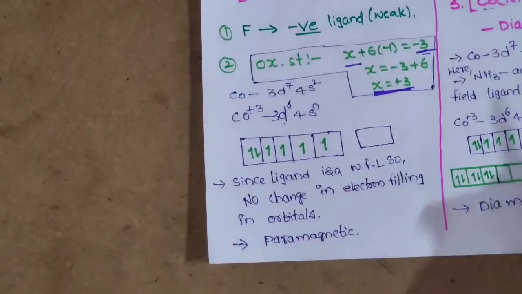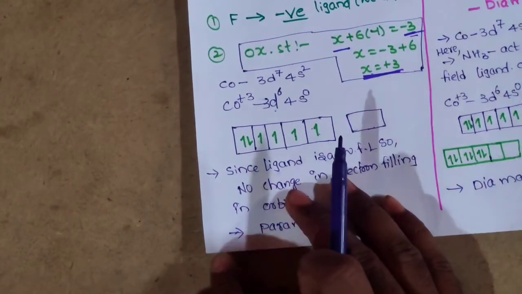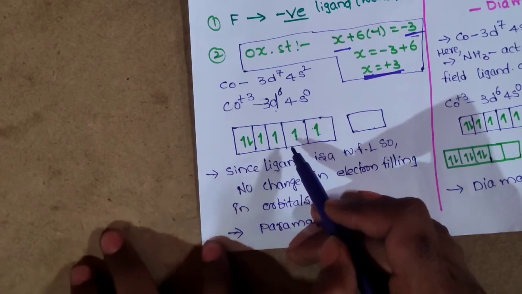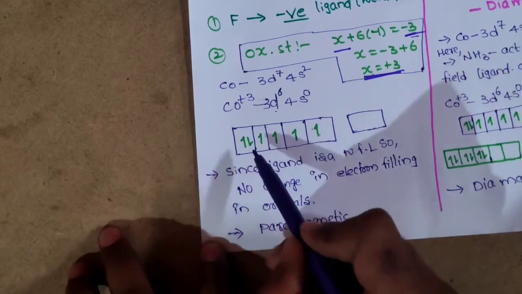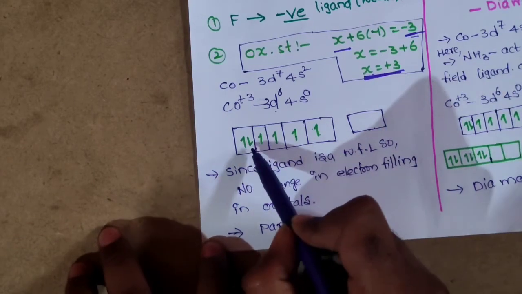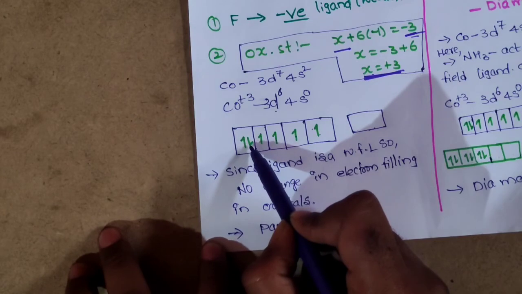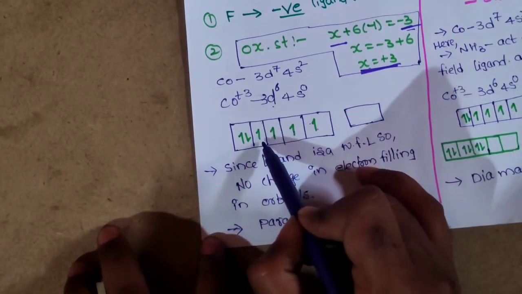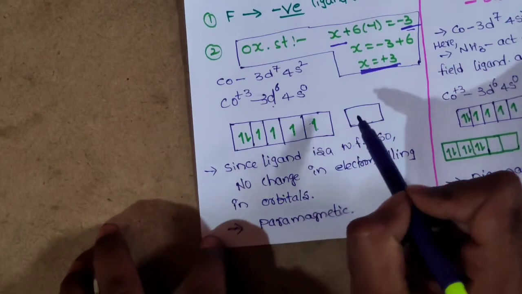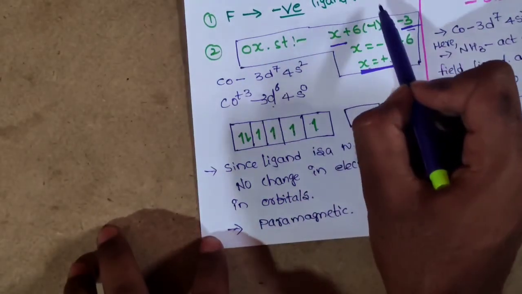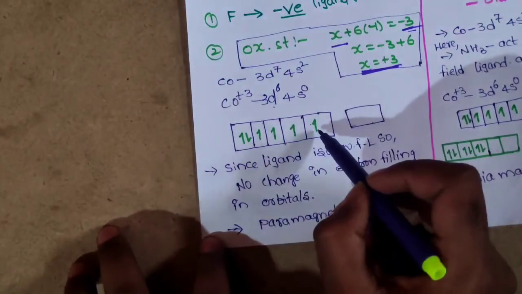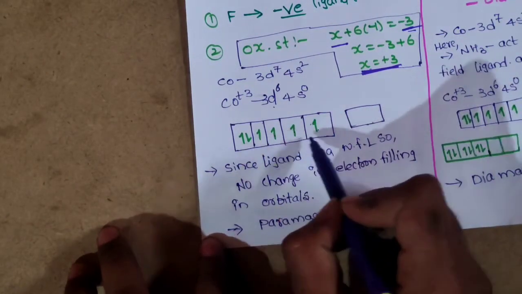And now the orbital filling takes place like this. We have to follow Hund's rule while filling the electrons in the orbitals. Only one orbital is filled with 2 electrons, that is paired up, and we have 4 unpaired electrons. Due to the weak field nature of the ligand, there is no change in the orientation of these electrons in the orbitals.